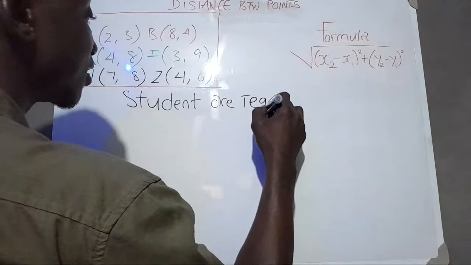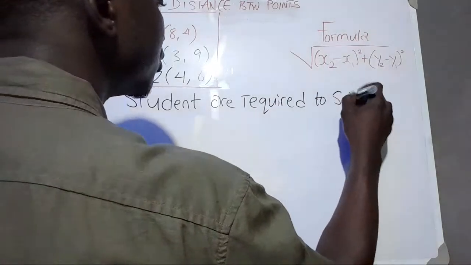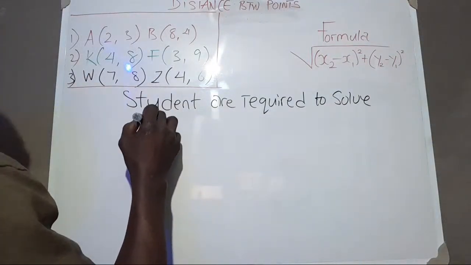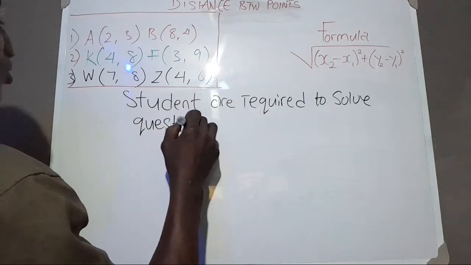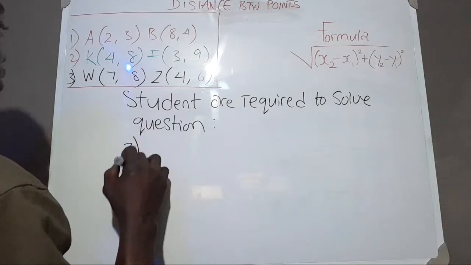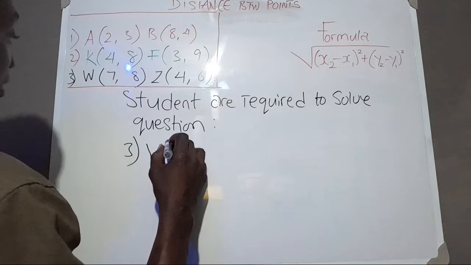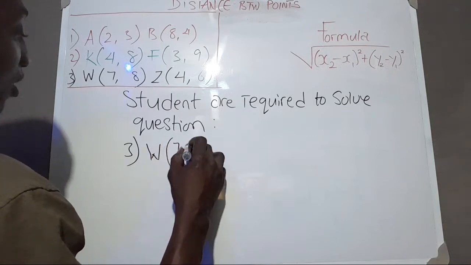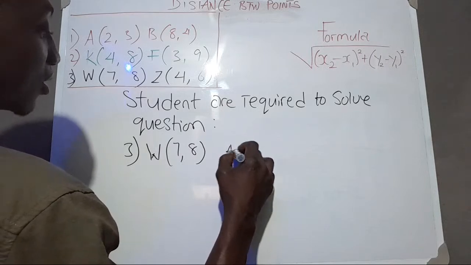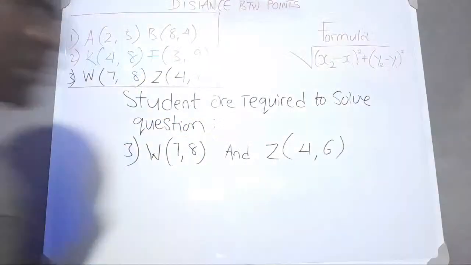Students to solve question 3, which is the distance between the point W, which is 7, 8, and point Z, which is 4 and 6.